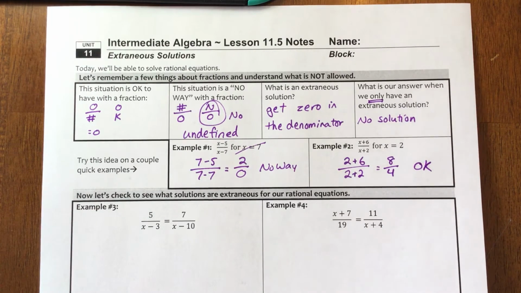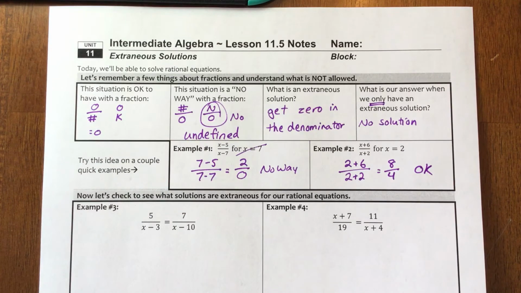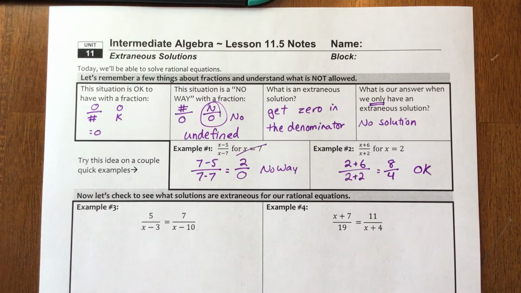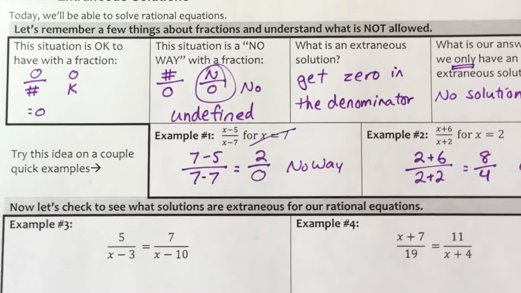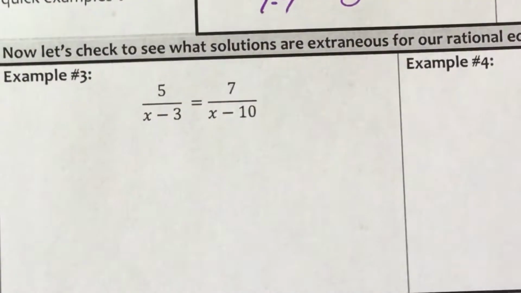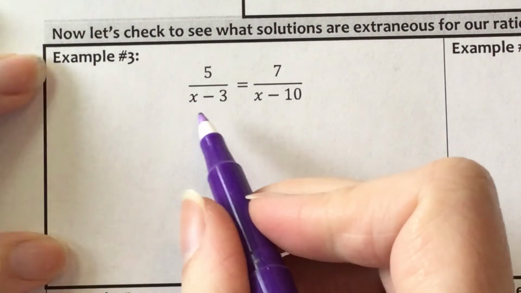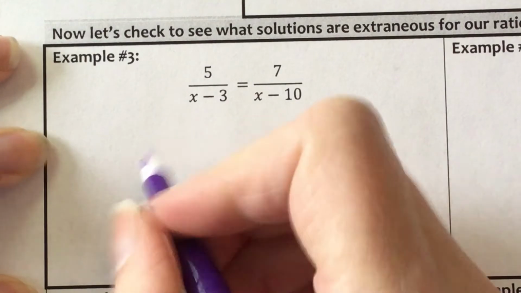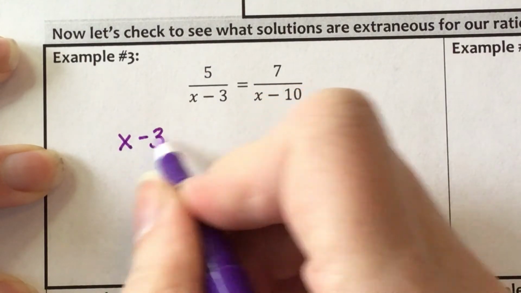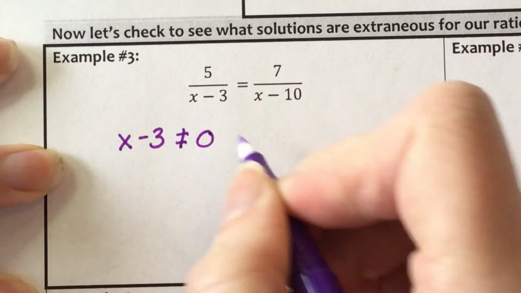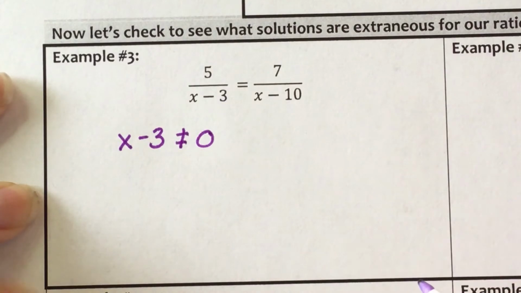The rest of our examples, numbers 3 through 8, all we're really going to do is see what numbers would make our denominators get a 0. So what is x not allowed to equal? We're going to take this first fraction and just say x minus 3 cannot equal 0 because denominators are not allowed to equal 0.